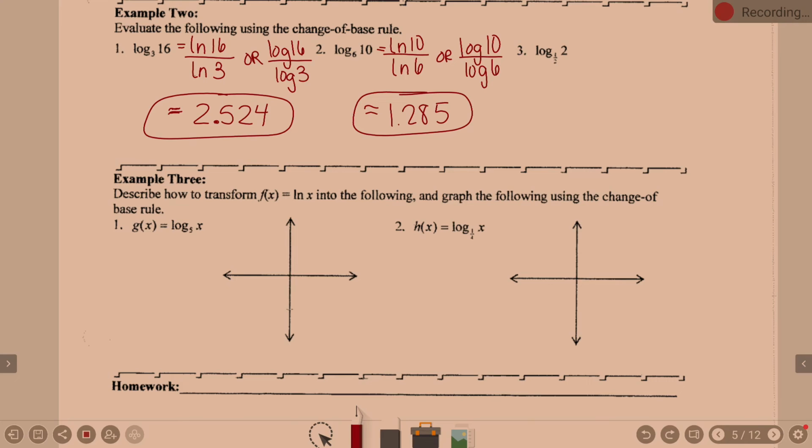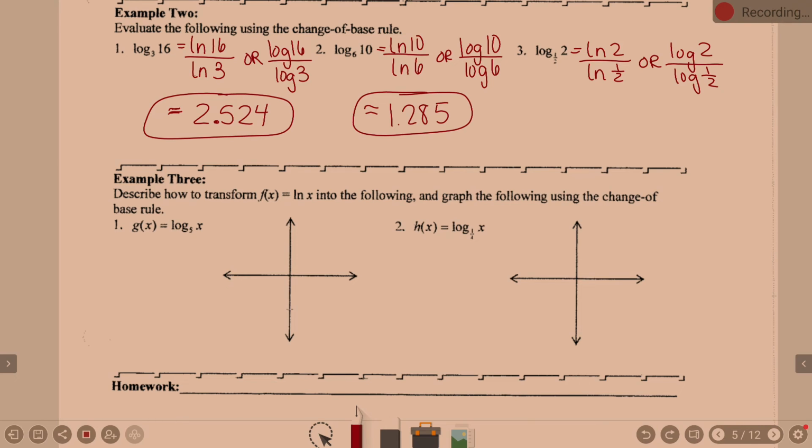3. This one's natural log of 2 divided by natural log of 1/2. Can we do that? Yes. Officially, there's some other stuff you could do in there because it's the 2 and the 1/2, but I'm all for, let's keep it basic here. Natural log of 2 divided by natural log of 1/2, or log of 2 divided by log of 1/2.